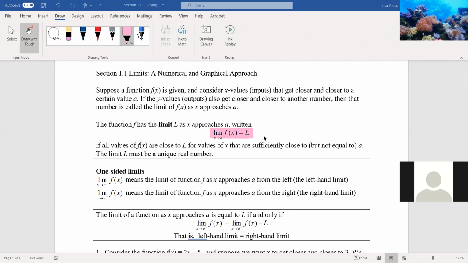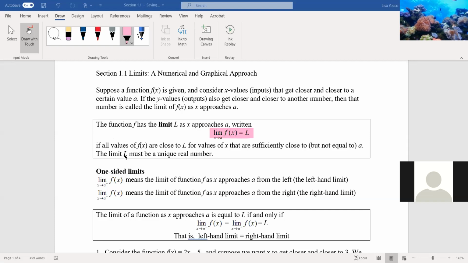All right. So we would read that the limit of f of x as x approaches a equals L. That's how we write a limit. And the definition says all values of the function are close to L for values of x that are sufficiently close to but not equal to a.